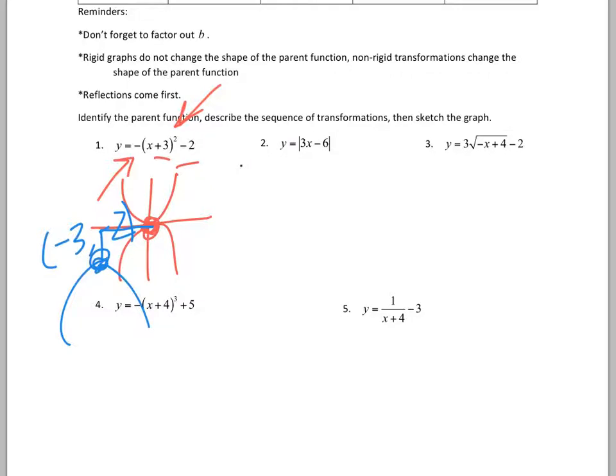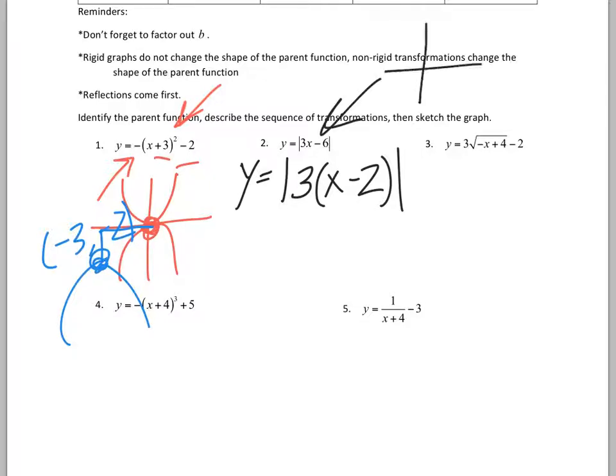The thing that you have to be careful about on the next one is that you have to factor out that 3 if you're going to see the shift. And so this one has been stretched by a factor of 3, stretched vertically. So the slopes, if you think about this, this is the absolute value, and so absolute value has basically 2 lovely little lines here.